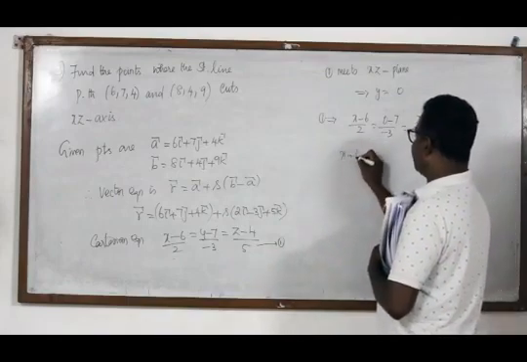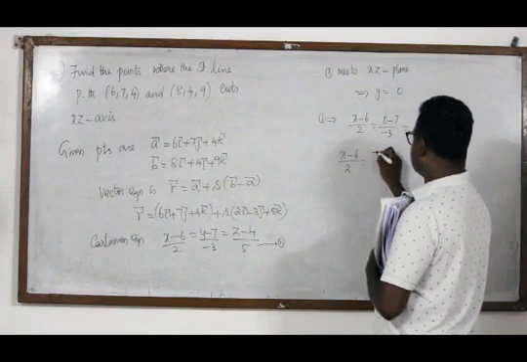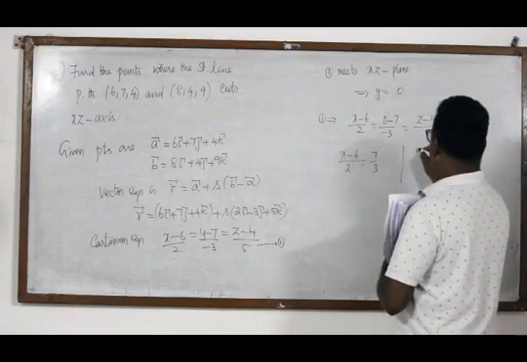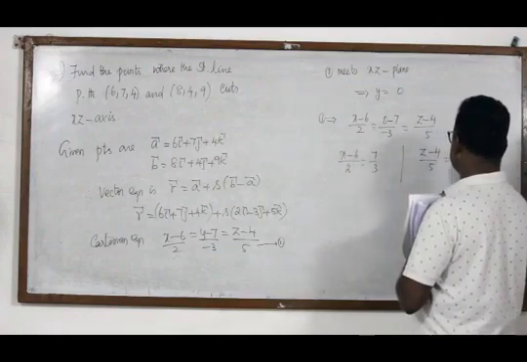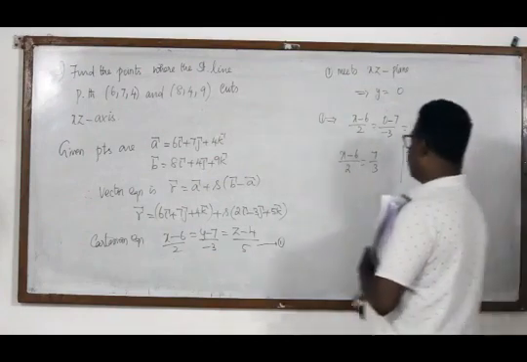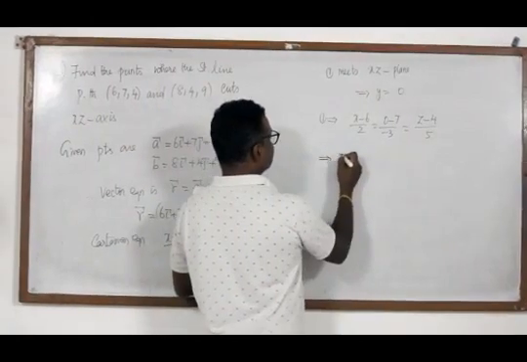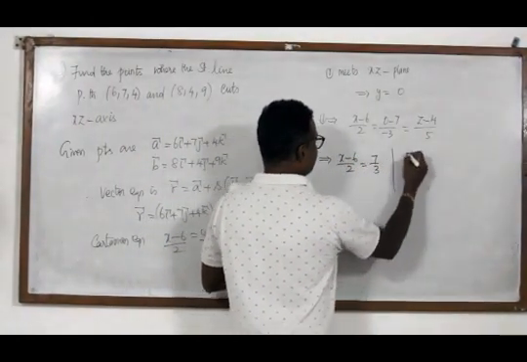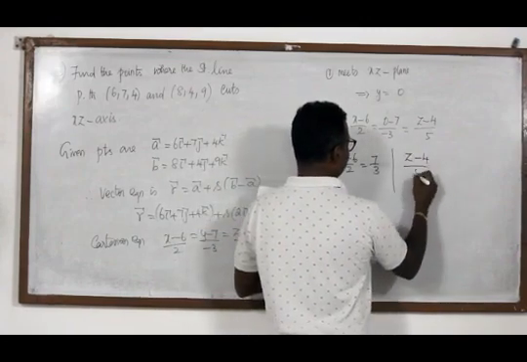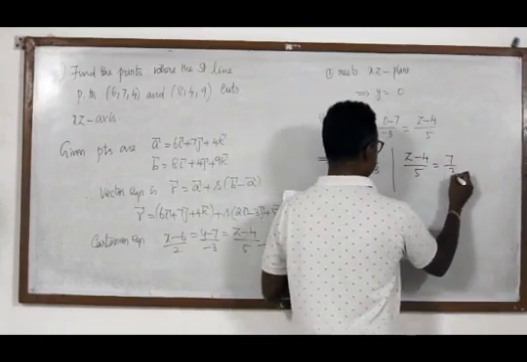That means (x minus 6) by 2 equals 7 by 3, and (z minus 4) by 5 equals 7 by 3.